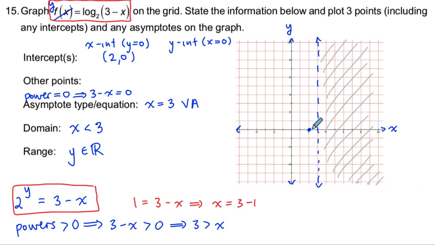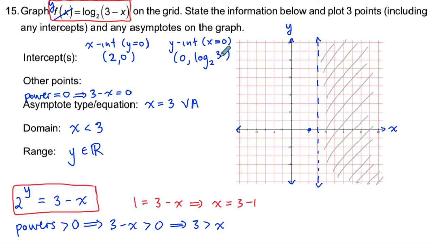I don't have any graph over here when x is to the right of 3. So that's good news. And then to get the y-intercept, I want to set x equal to 0, so I will actually do that in the first form of the equation because I'm solving for y, and y is already isolated. So substituting 0 here for x, we get that y is equal to log base 2 of 3. In fact, that's actually even easier because since 3 is not a perfect power of 2, that answer is simplified.